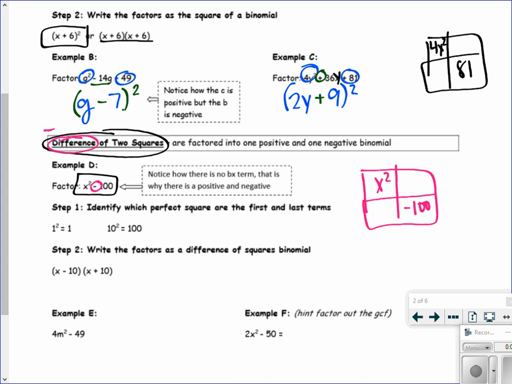They add up to 0. Well, what multiplies to negative 100 but adds to 0? 10 and negative 10. So when you factor it, x plus 10 and x minus 10.